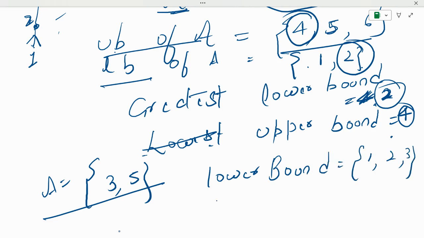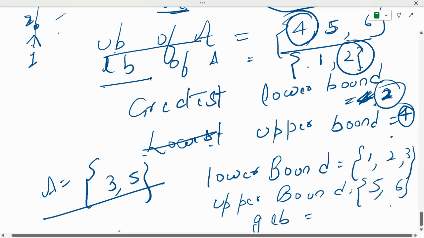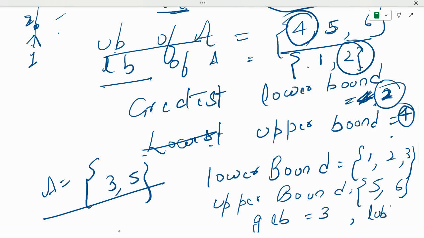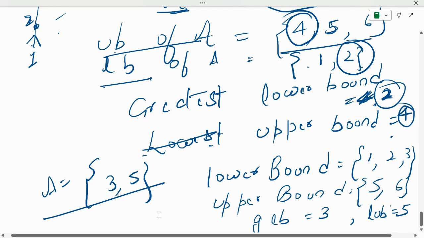If we calculate the upper bound for 3 and 5, it is 5 and 6. The greatest lower bound is 3, and the lowest upper bound is 5. This way we have the upper bound and lower bound defined.